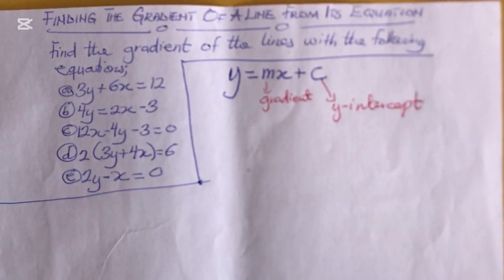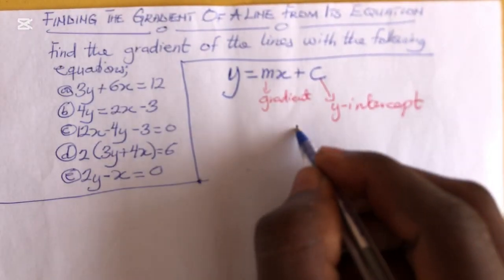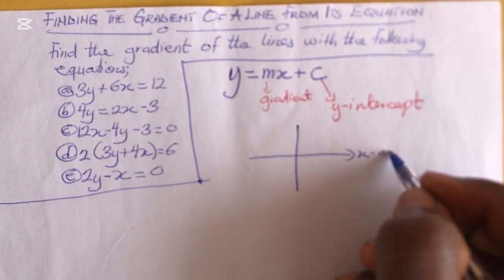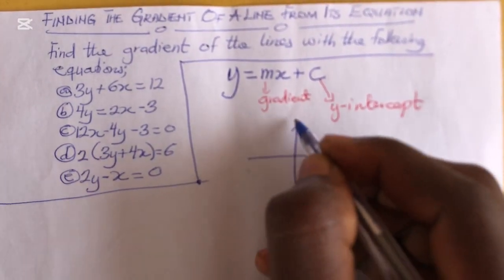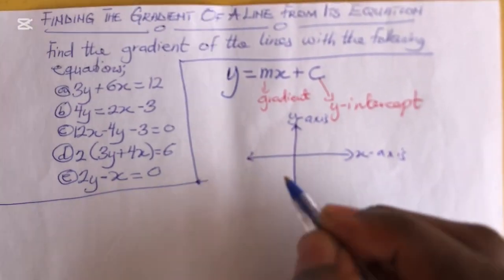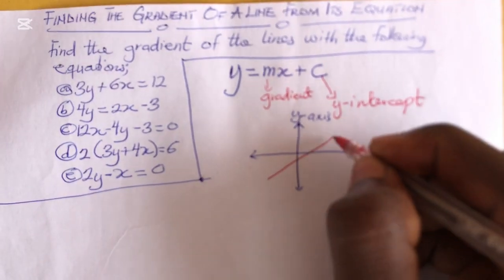When you say intercept, it's like you come in between something. So let's say this is our x and y axis, this is our x axis, right? And this is our y axis. Now, let's say this is the line.